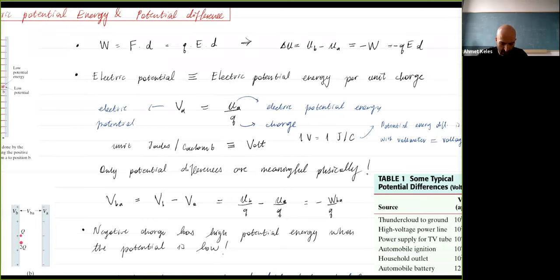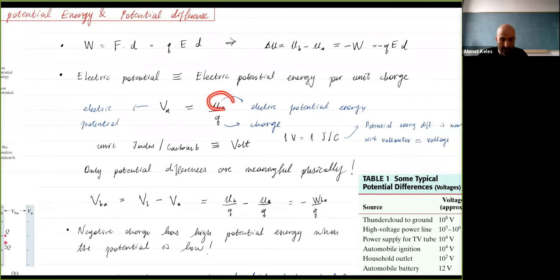So you can work out the units. Energy unit is joules, right? Or Newton meter, or kilogram meter per second squared times meter, which is joule. And if you divide it by Coulomb, you have the unit of electric potential. We generally call it volt.